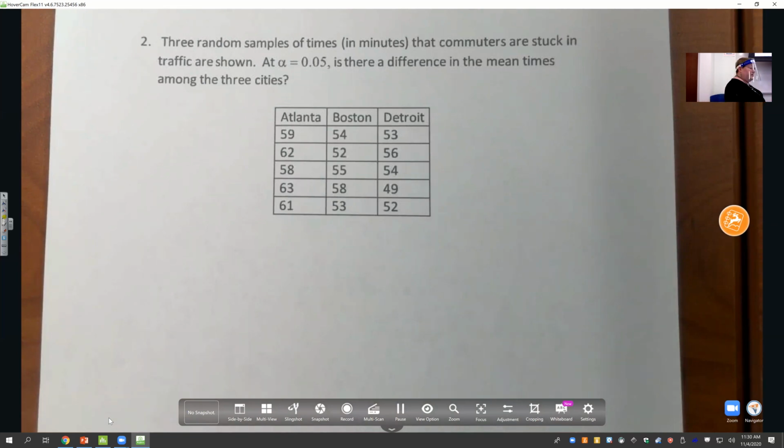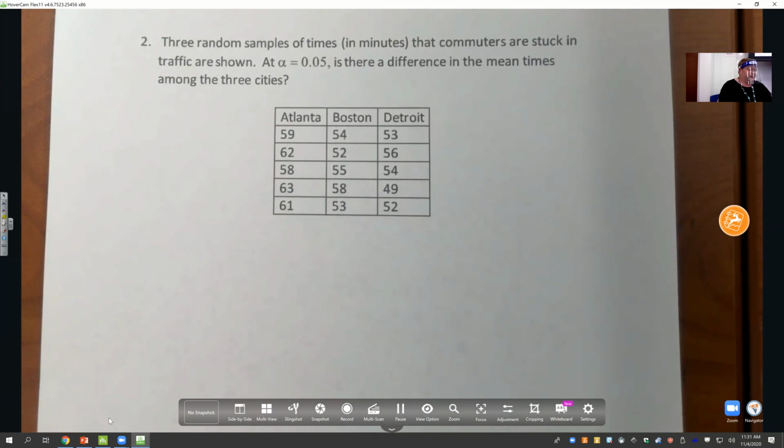It kind of goes back to one of the examples I gave you in the beginning. It says 3 random samples of times in minutes that commuters are stuck in traffic are shown. At alpha equals 0.05, is there a difference in the mean times among the 3 cities? And in this particular example, we looked at Atlanta, Boston, and Detroit.